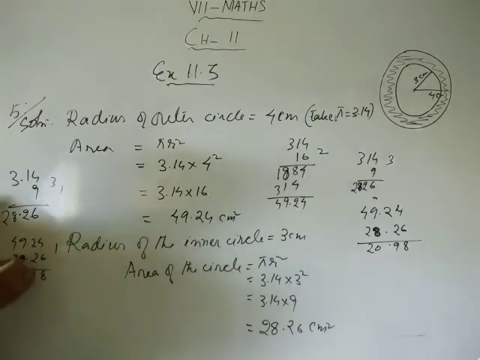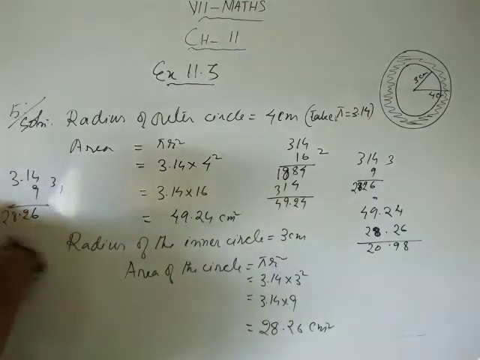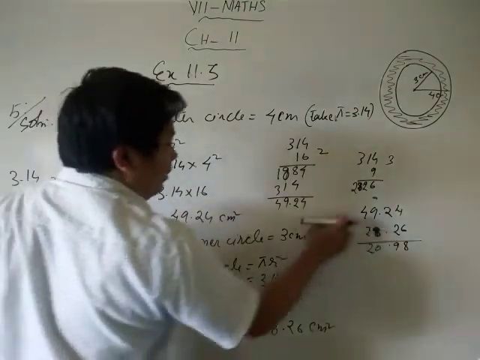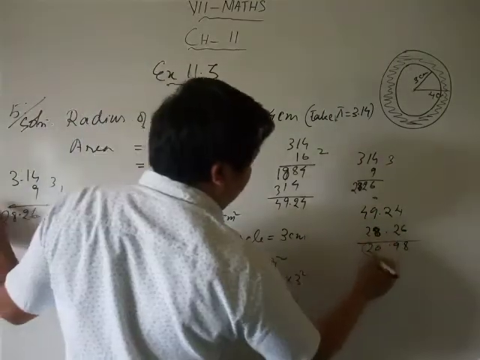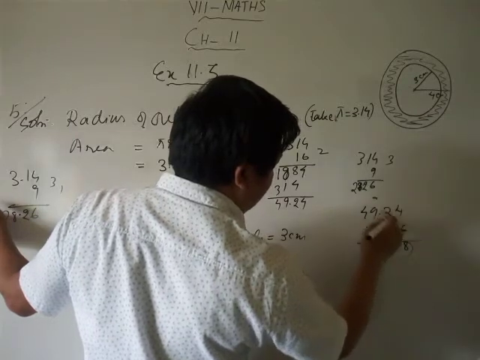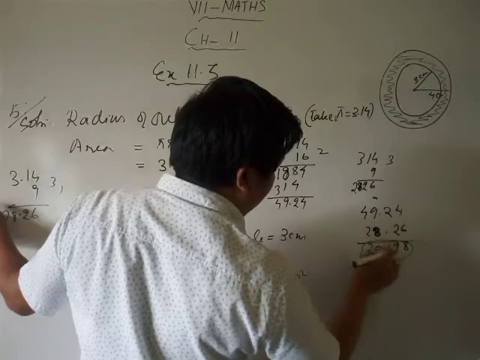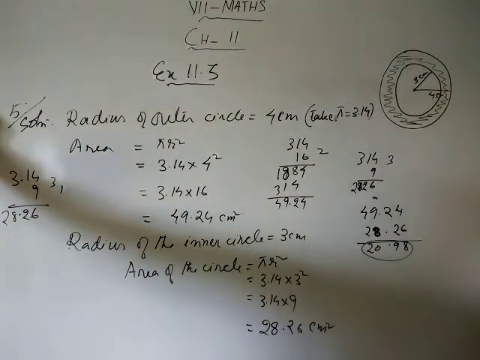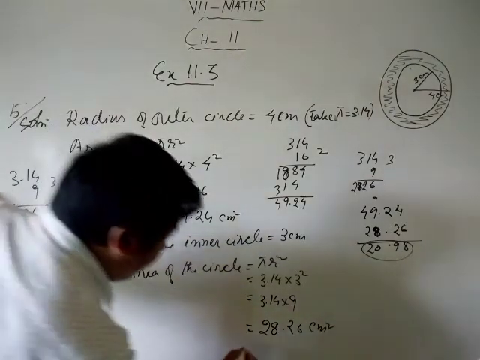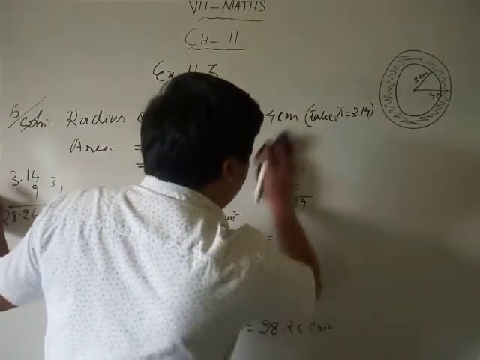If you subtract this here, then how much are we getting? 49.24 minus 28.26. So we got here 20, that means 20.98.